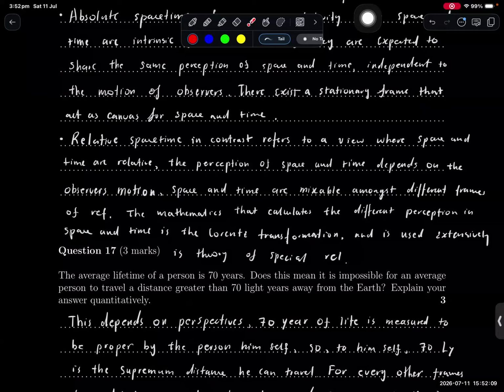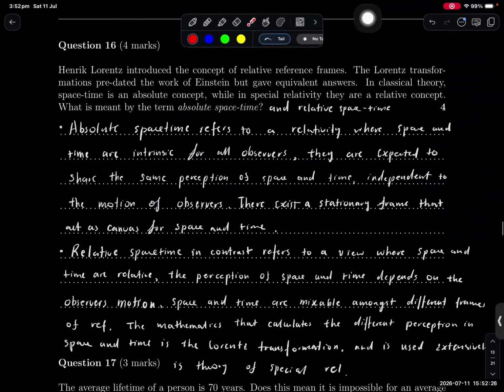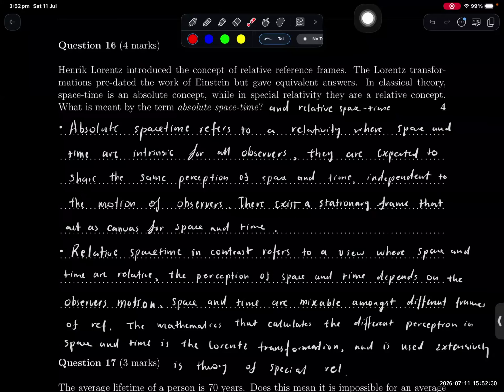The mathematics that calculates the different perception in space and time is the Lorentz transformation, which is actually the mathematical framework for special relativity. Einstein just gave that mathematical framework a meaning. So for this question, you just have to define what it means to be absolute and relative space-time, and that's pretty much it.